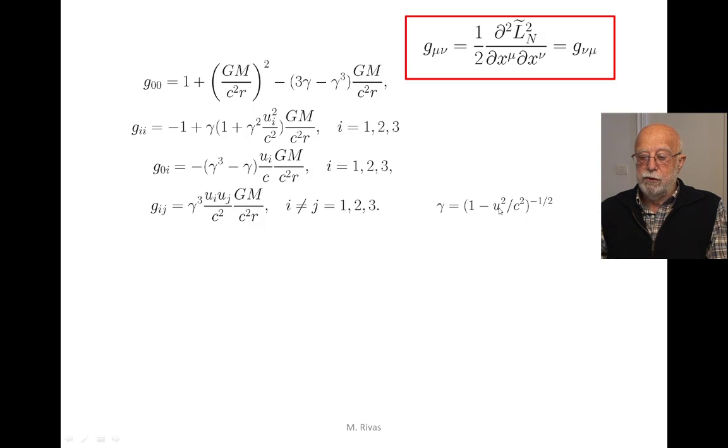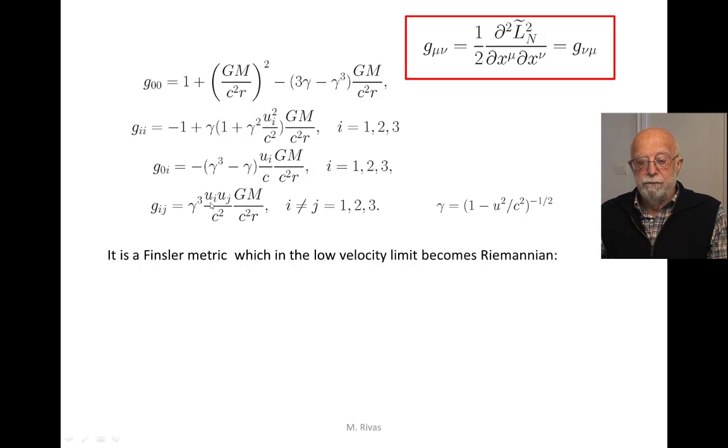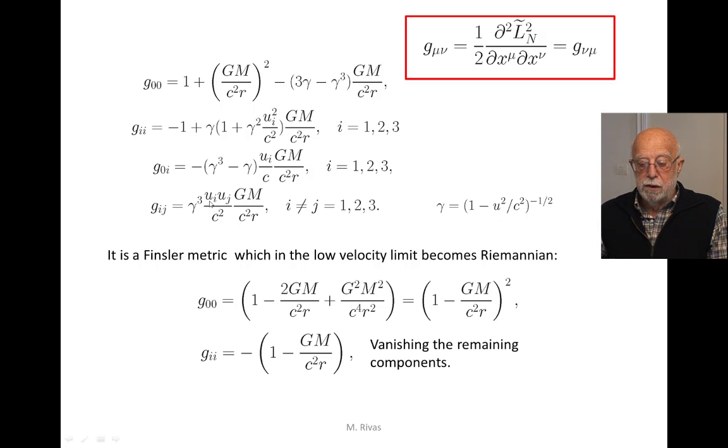Gamma depends on u is here, here, here. So the whole motion of that point particle is a geodesic with respect to this Finsler metric. Nevertheless, in the low velocity limit of this metric, we obtain this Riemannian metric.